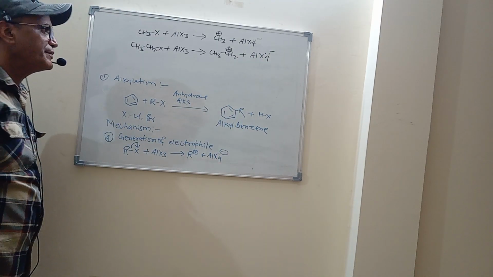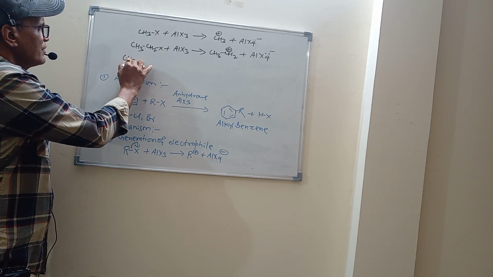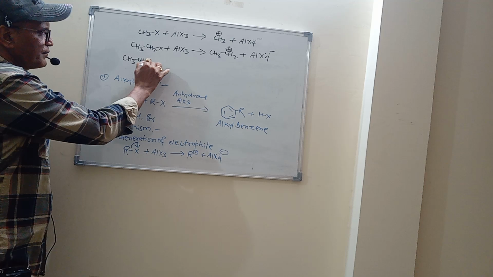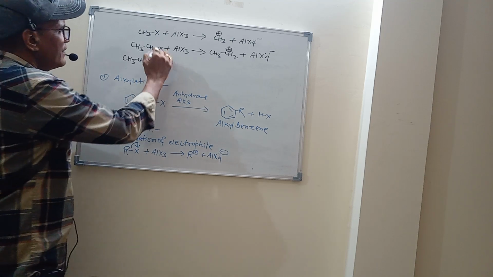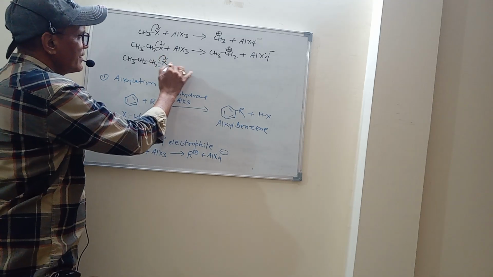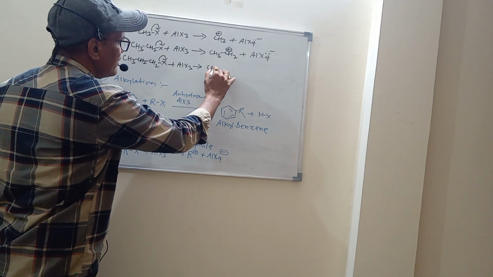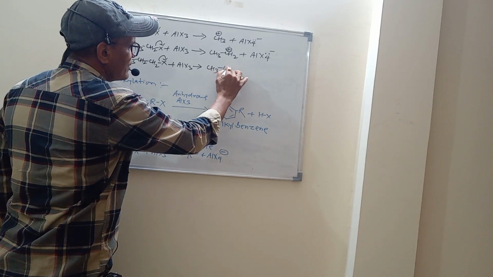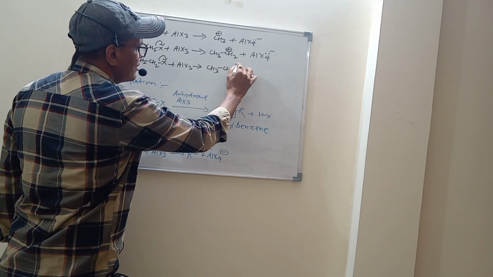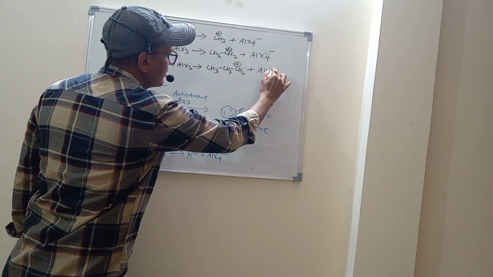If we have a propyl group, here as heterolysis will be there, heterolytic bond fission, AlX3. So CH3, CH2, CH2 positive and AlX4 negative.